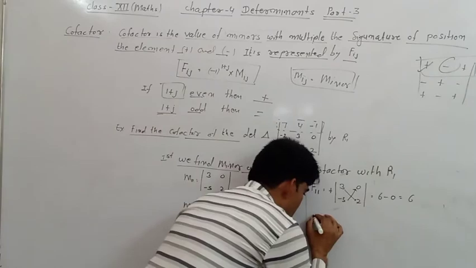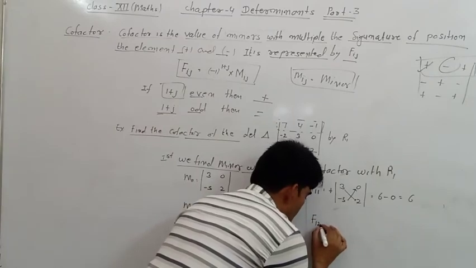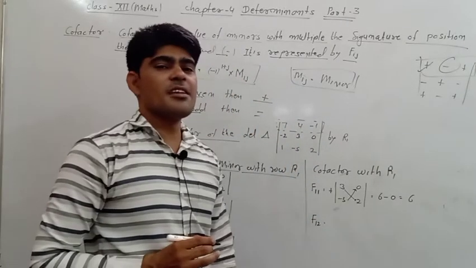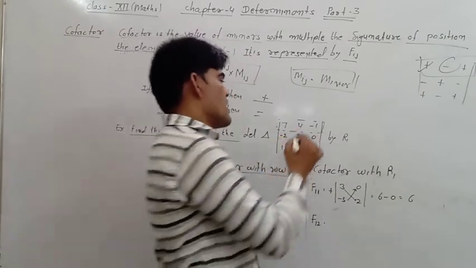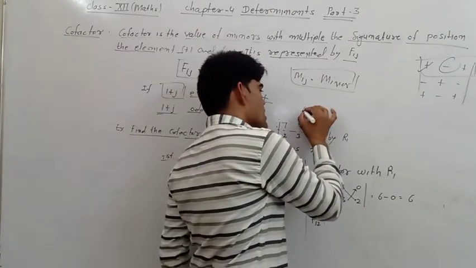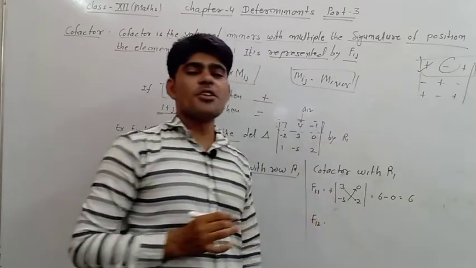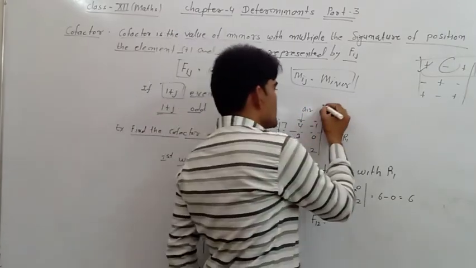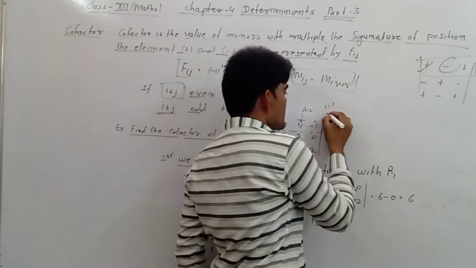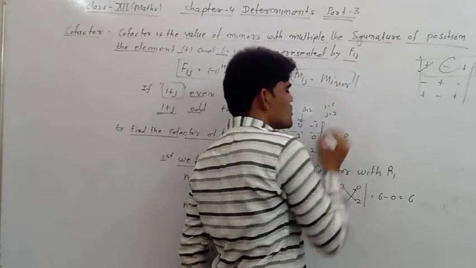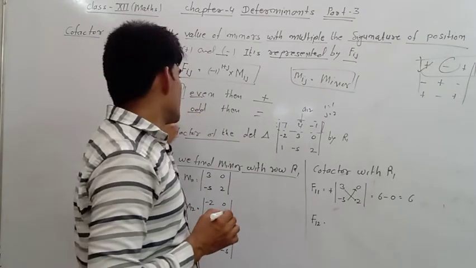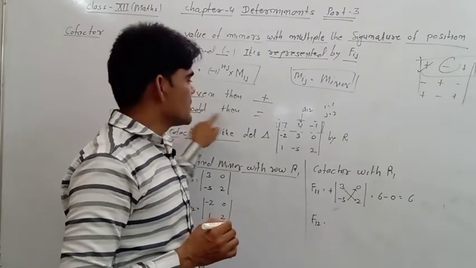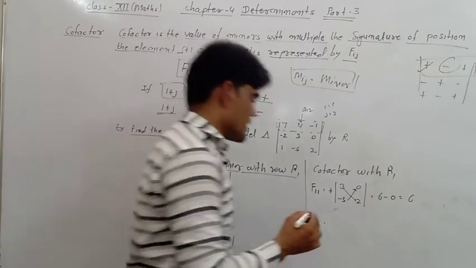Second, F12. It means the second element, 4, represented by a12. It means i equals 1 and j equals 2. i plus j is 3. This is an odd number, so we use a negative sign.